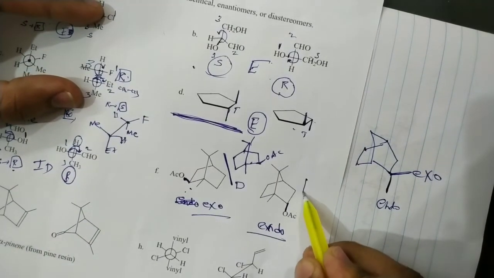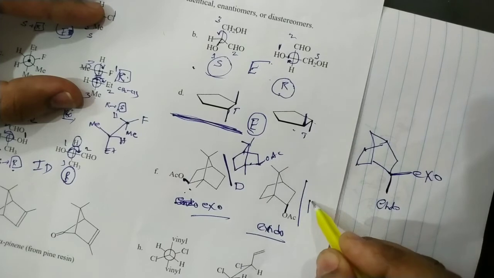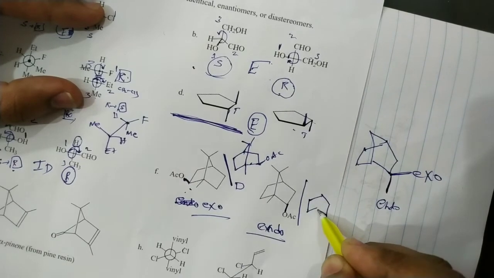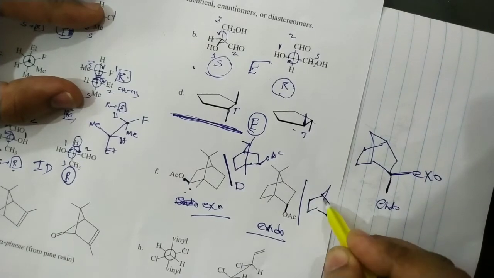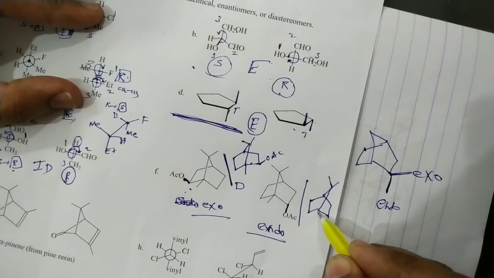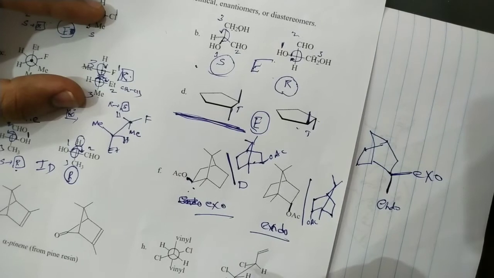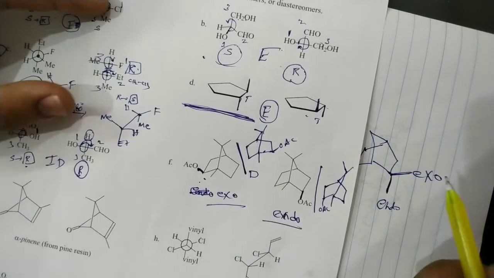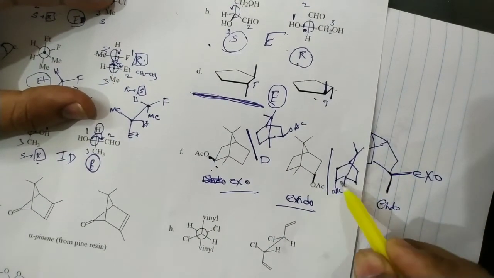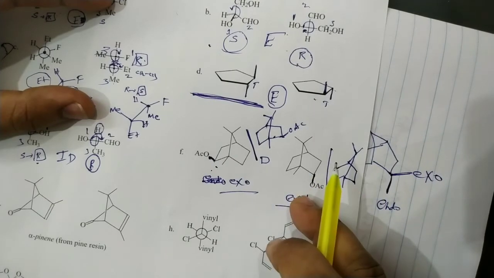For this compound, the enantiomer, that means the mirror image, is like this: methyl here, methyl here, OAc. These two are mirror images of each other, because this one is endo, this one is also endo, but they are mirror images of each other.